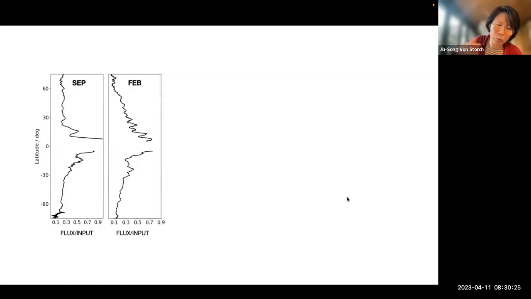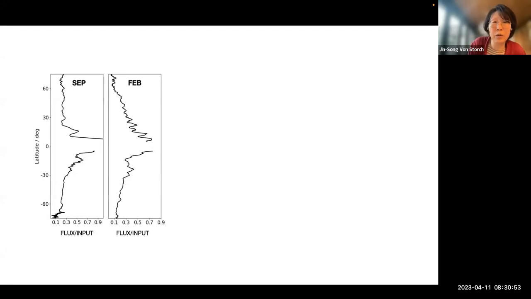We saw the global maps, which are quite messy, but if you integrate zonally, this is the result we get. It shows quite clearly that this ratio is always positive, and it has a clear feature to increase with decreasing latitude, so the ratio increases towards the equator in both seasons.